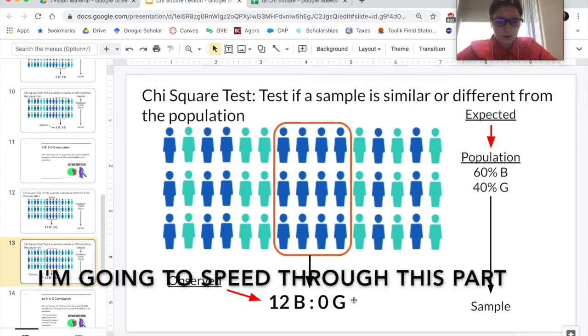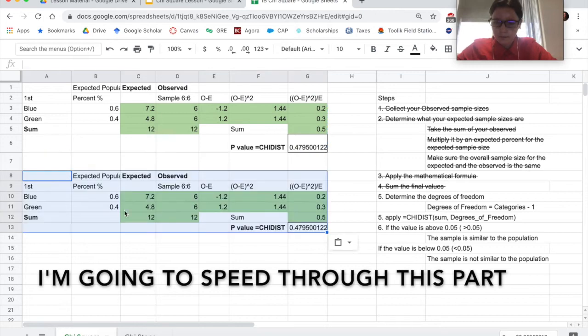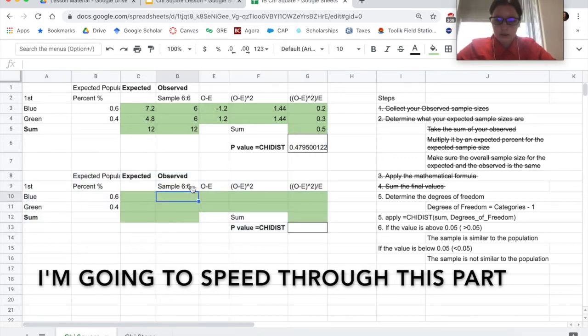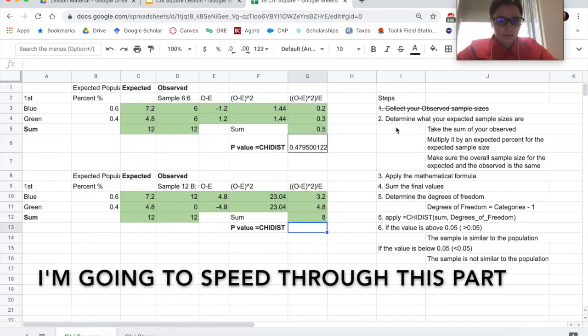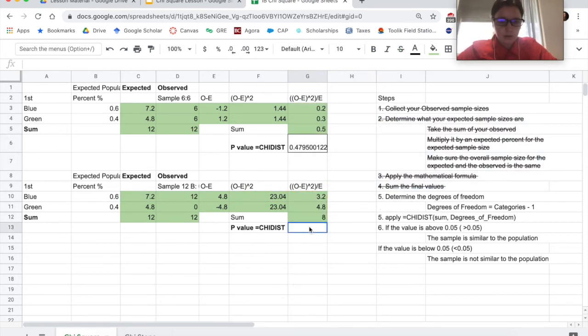So we have 12 blue and 0 green. So we'll apply the chi-distribution.